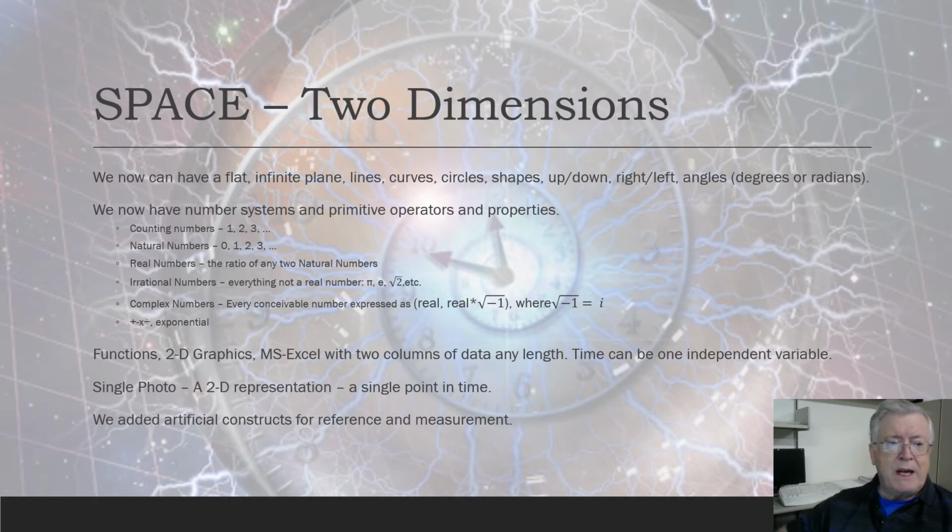So the first thing developed was counting numbers. All of you know how to count, I think, since about age 3. 1, 2, 3, 4, 5, counting numbers. Next is natural numbers. The natural numbers include 0.